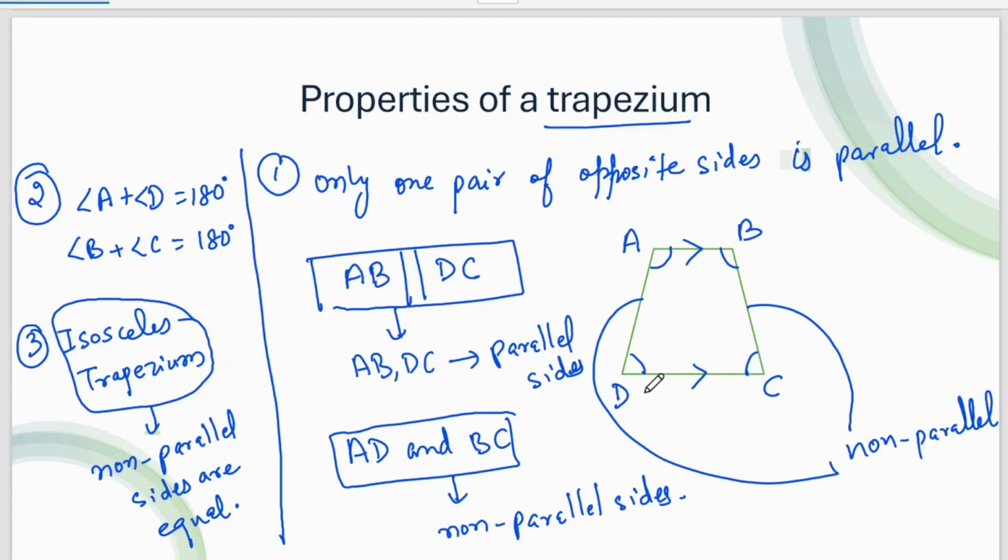Now, I have to say something about the diagonals also. There is no relation between the two diagonals.